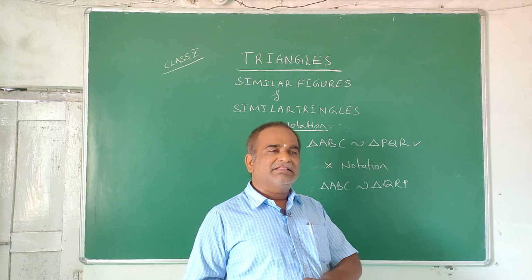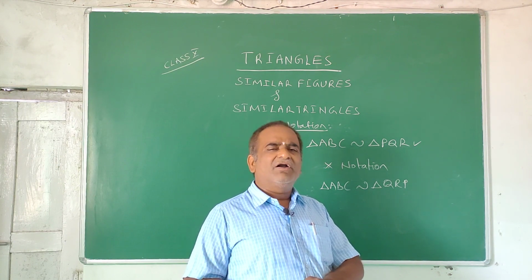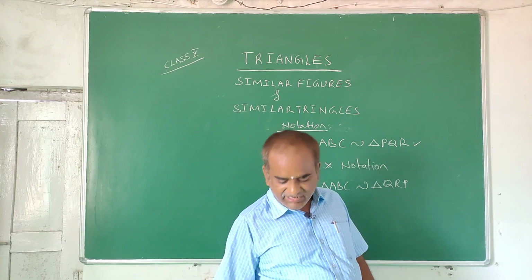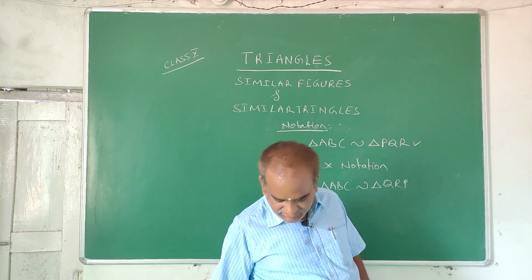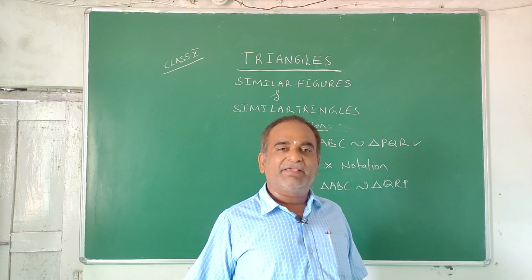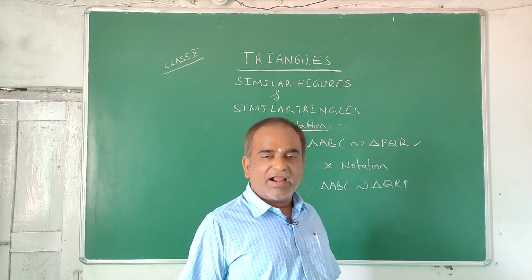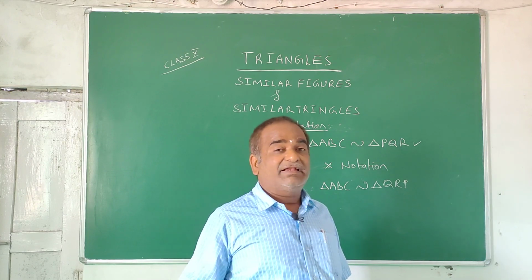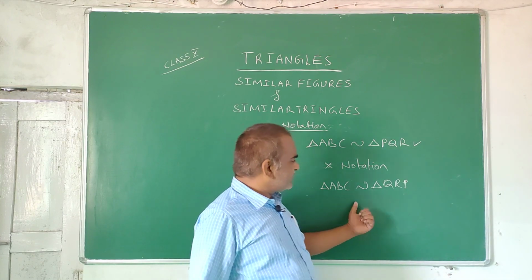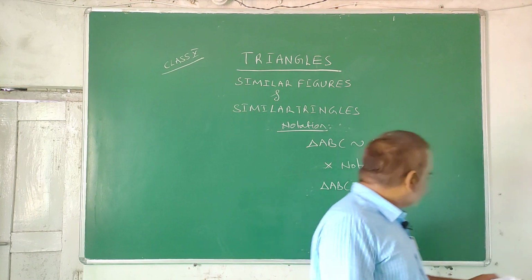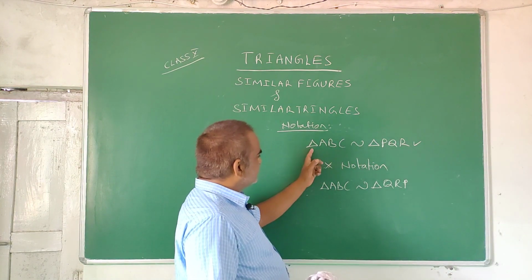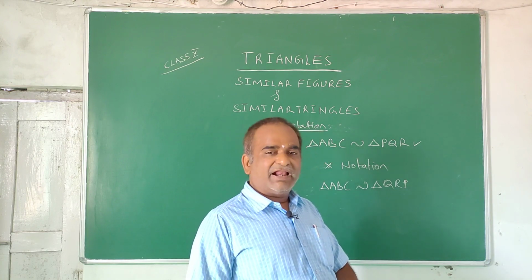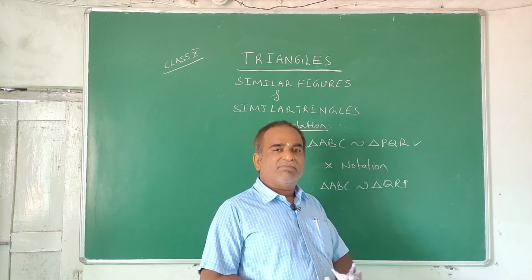As far as area is concerned, order has no significance. Suppose you are saying area of a triangle, then you can say area of triangle PQR or area of triangle QRP, your wish. But when you are expressing similarity, the order is most important. Please do understand. So this is the wrong notation and this is the right notation, and good students always follow the right paths, not wrong paths.